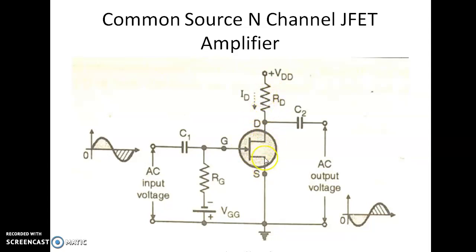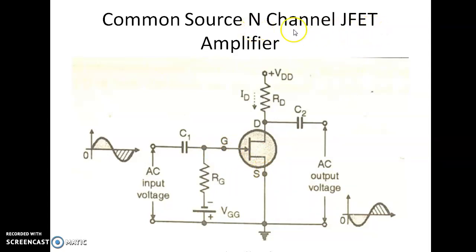The output current is controlled by the gate to source voltage. Field means voltage, the gate to source voltage, so it is called a field effect transistor.